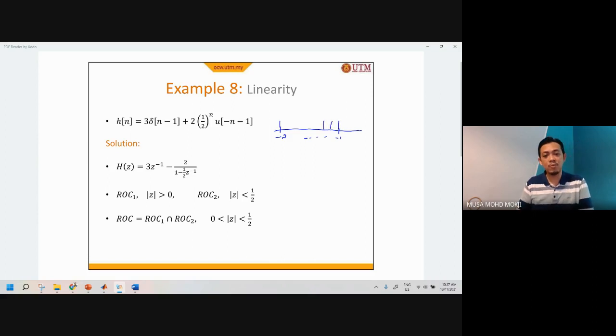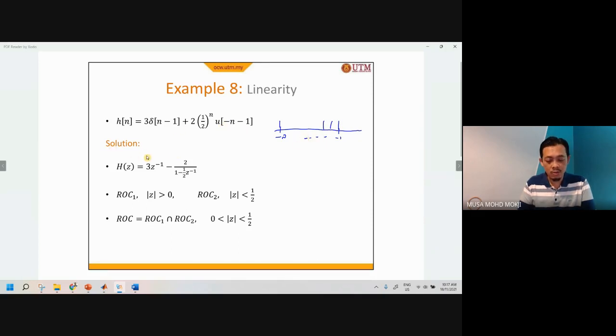So we have h[n] ranging from minus infinity up to minus 1, where h[n] is not 0 for n less than 0. So it is non-causal. And the delta is just one sample, so it doesn't matter. So when we look at this, it is non-causal.